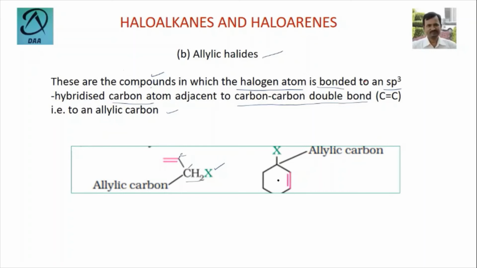Here also you can see one closed ring which is attached with the halogen atom. So the halogen atom is attached with this carbon, which is again attached with one allylic carbon. That means this is the allylic carbon. So this type of compound is called the allylic halides.